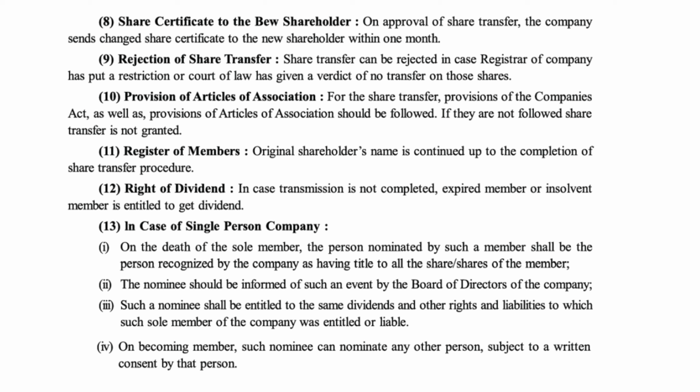Whatever procedures have been given, all those have to be followed. In the register of members, the previous shareholder's name will be removed and the new shareholder's name will be added, and the previous shareholder's name will continue till the board of directors has passed a resolution.